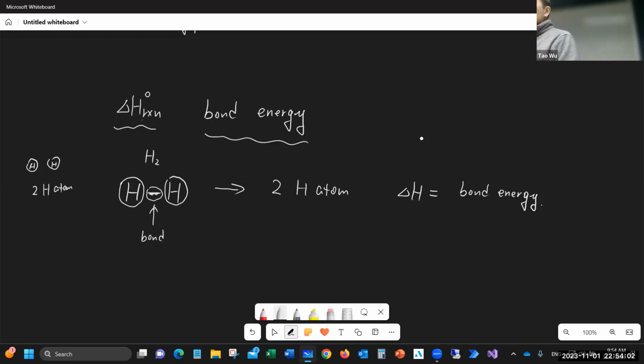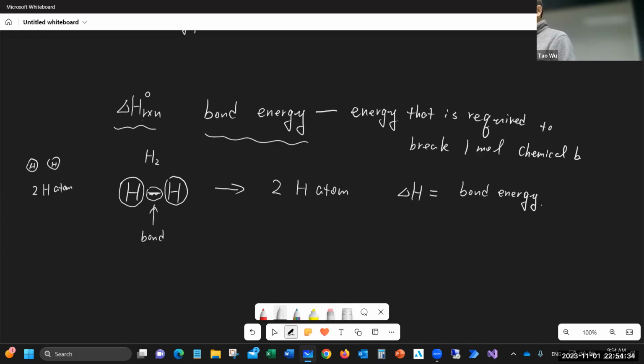The bond energy is just equal to the energy required to break 1 mole of these bonds. So this is the bond energy that we talk about.